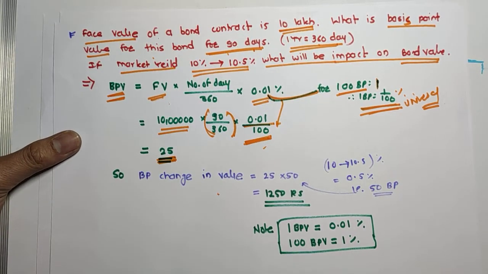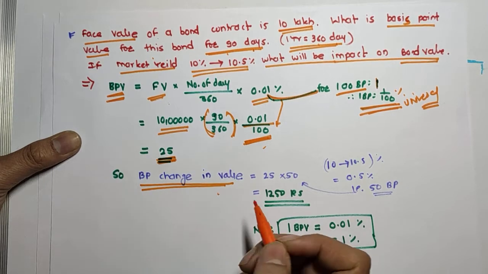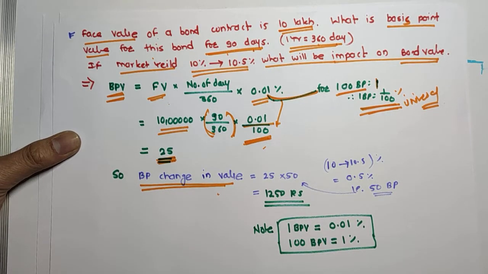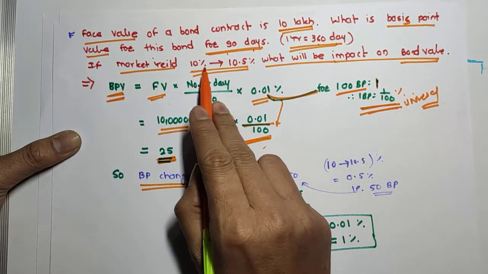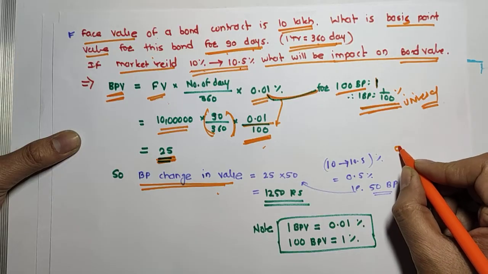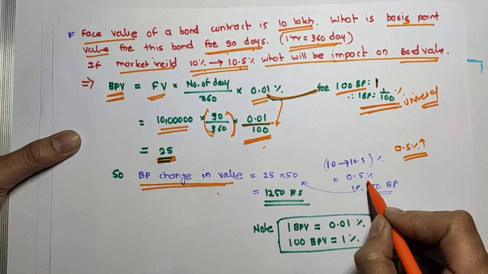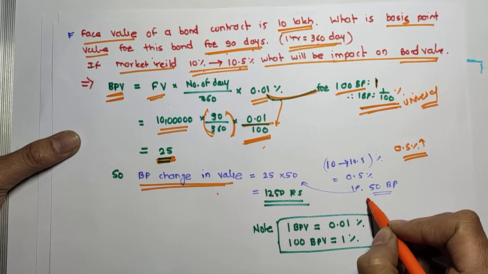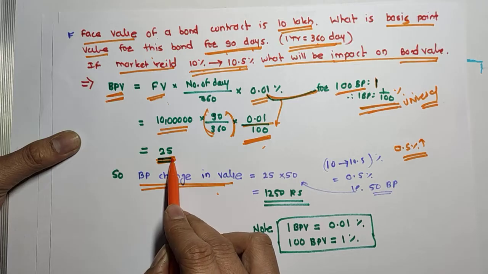Now what we have to calculate? We have to calculate the change in BPV. So what is the change in BPV? See friends, here market yield is changing from 10 to 10.5. That means 0.5% is change, that is increasing. So 0.5%, we have already calculated BPV is 25, right?